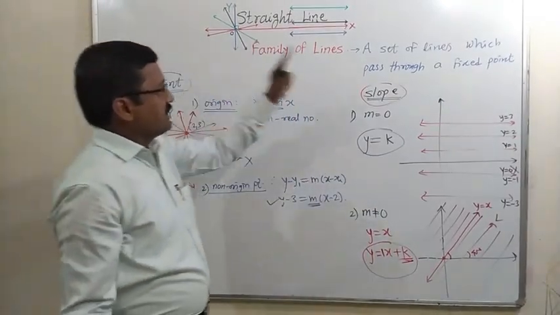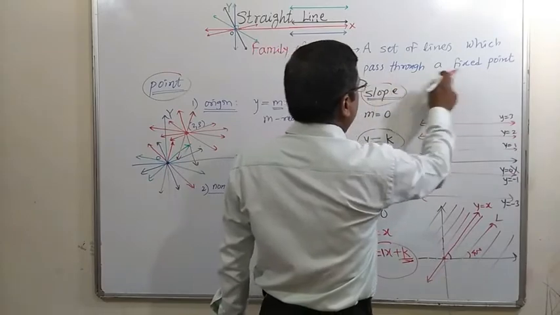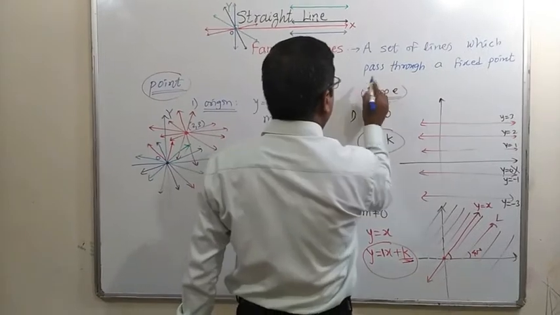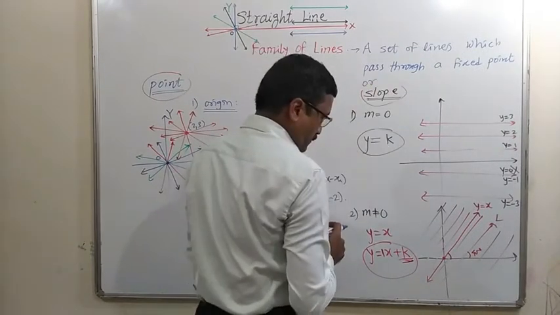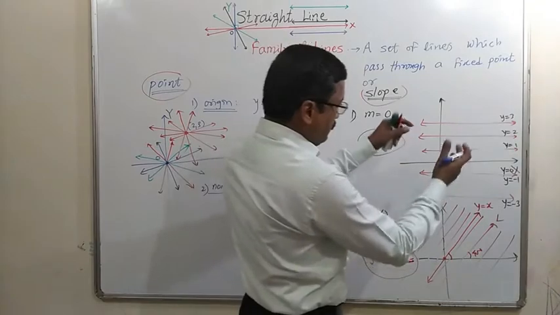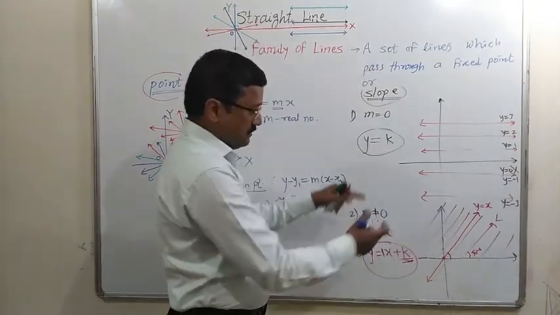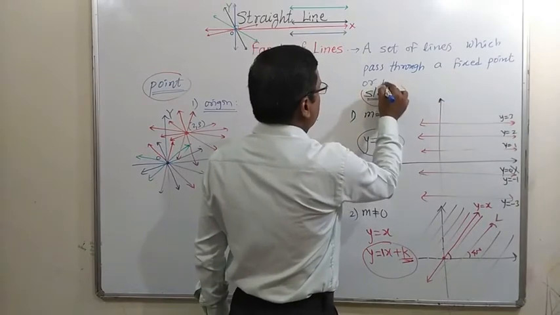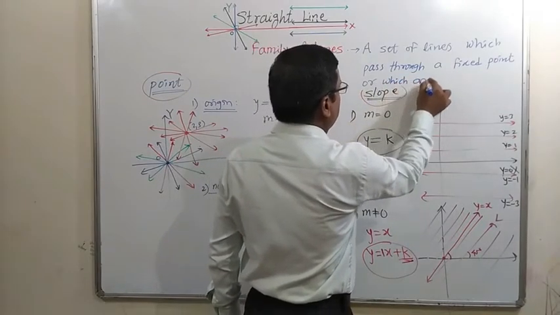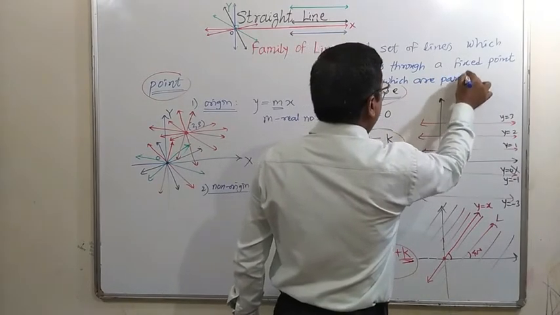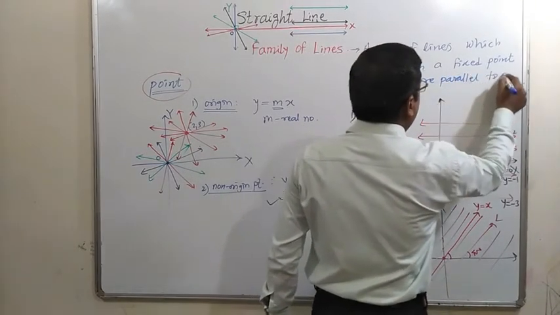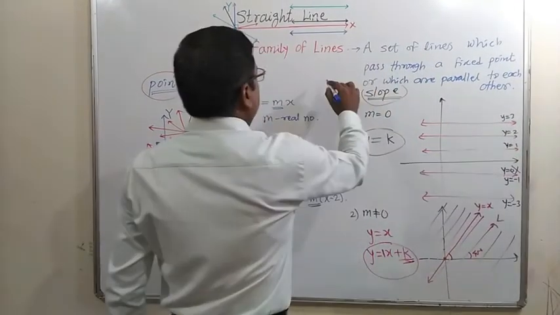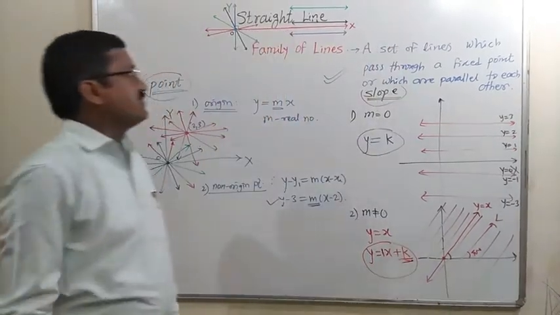So we get the second condition: a set of lines which pass through a fixed point, or which are parallel to each other. So we get this as the exact definition of a family of lines.